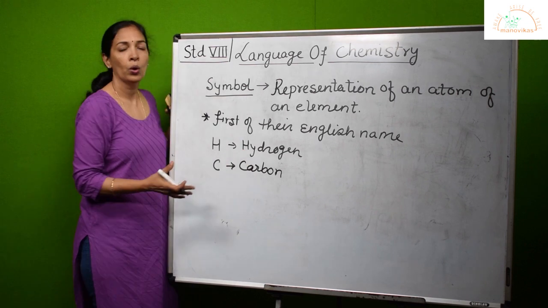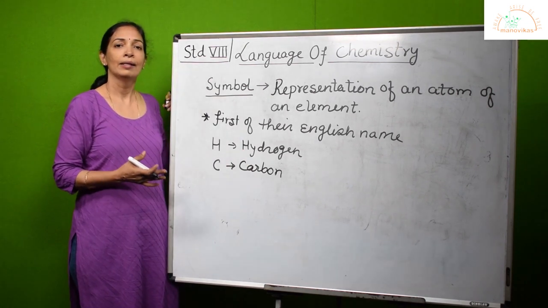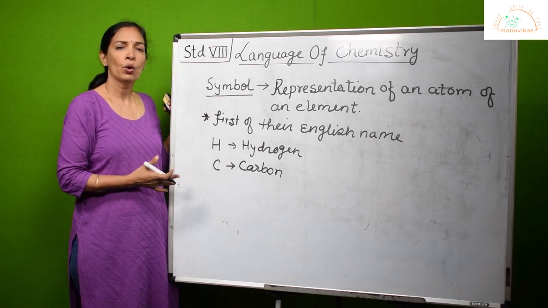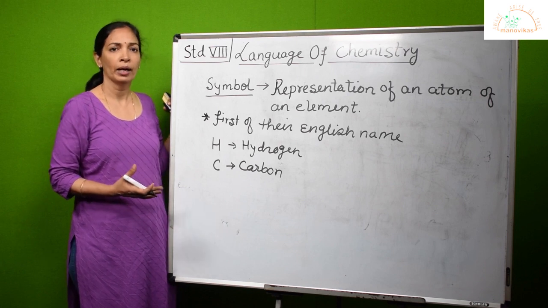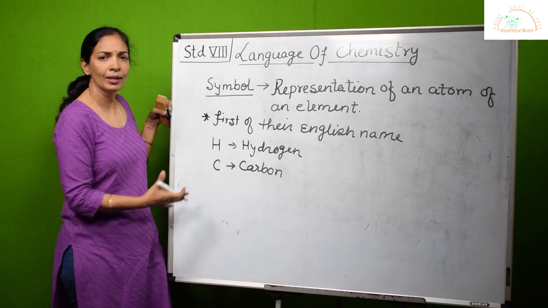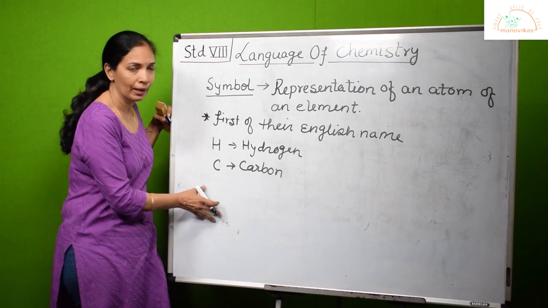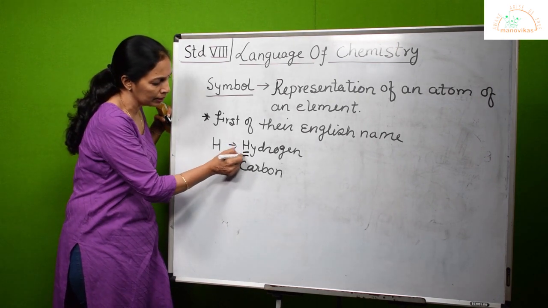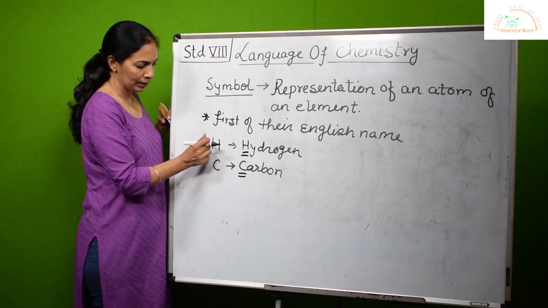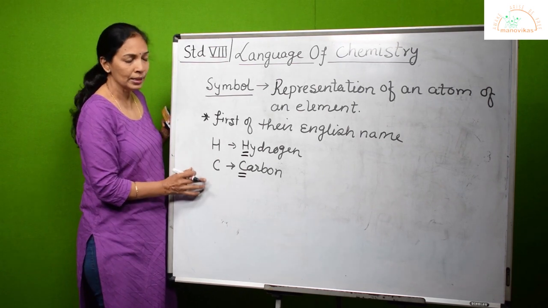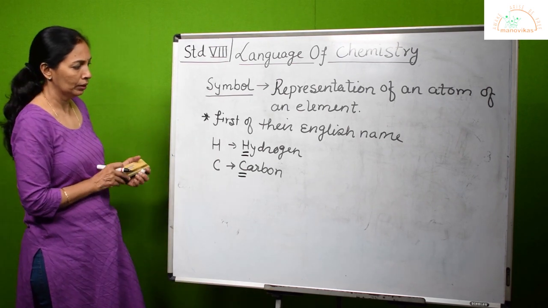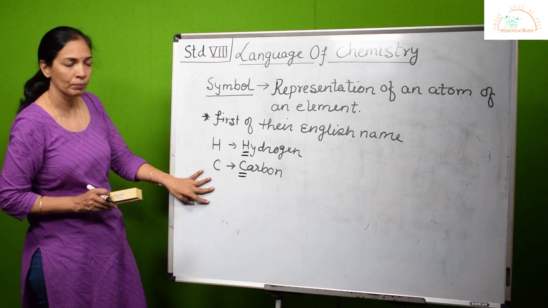O, oxygen. N, nitrogen, and so on. B, boron. F, fluorine. There are a number of elements which get their symbol from the first letter of their English name, and this is written in capital. This is the first way of deriving the symbol.